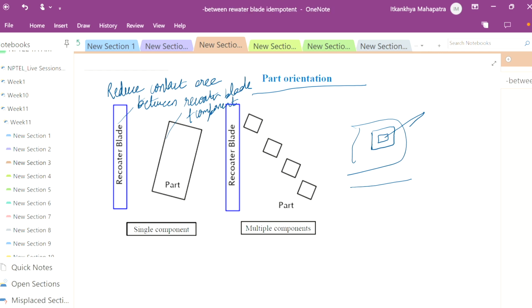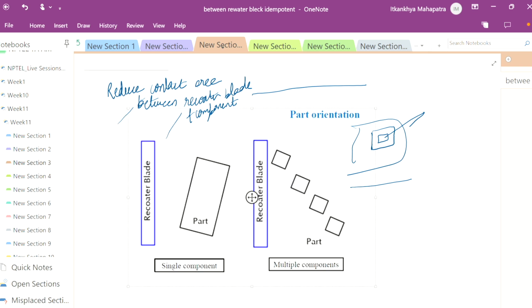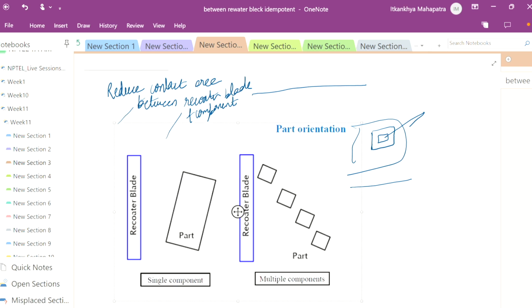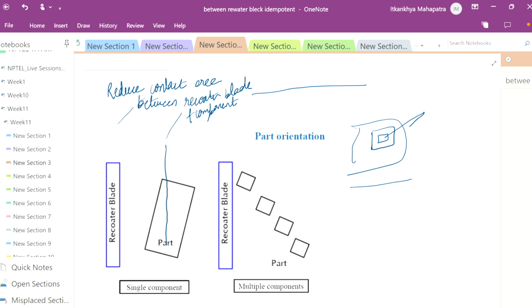Now, how do we decrease this area? Suppose the recoater blade is moving like this. Now it is in contact only at this position. So this is the only point of contact.